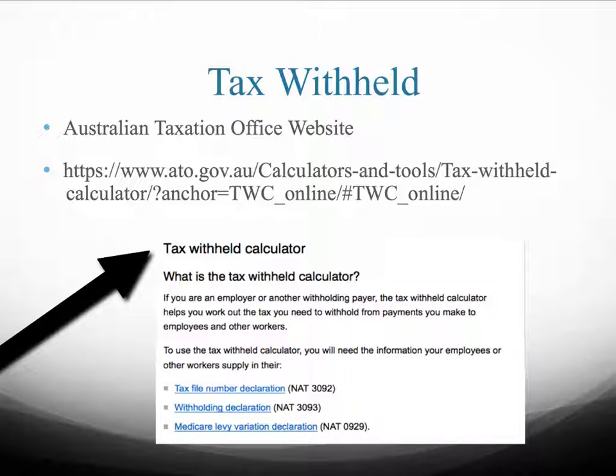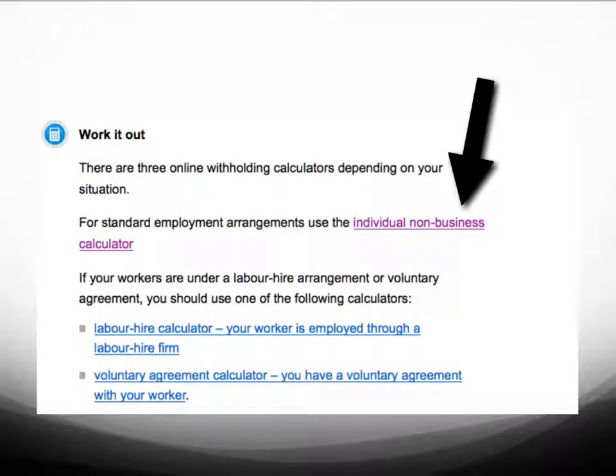This calculator is used by employers to make sure that they are taking out the correct amount of tax. So in most cases, the employer will go to the individual non-business calculator.